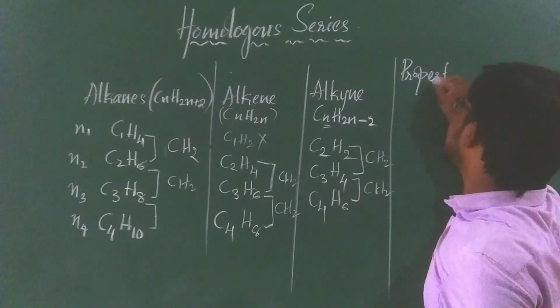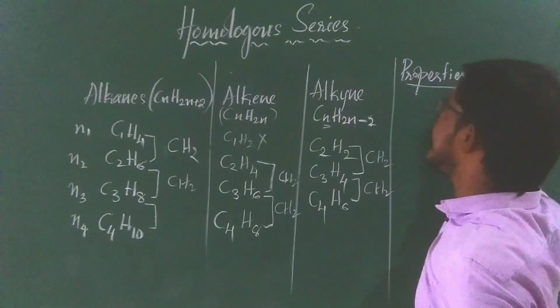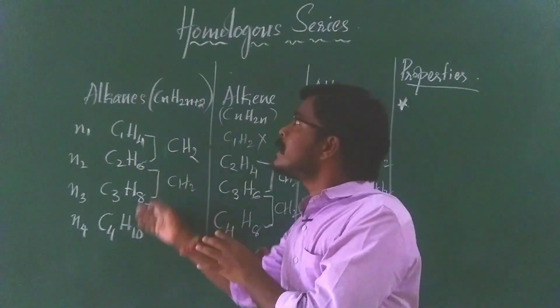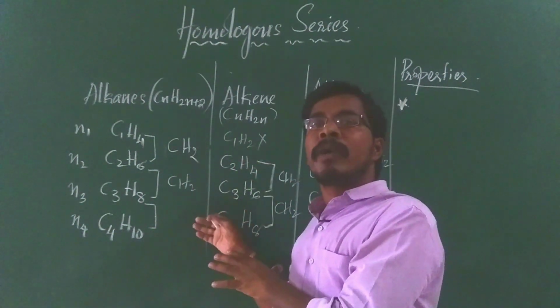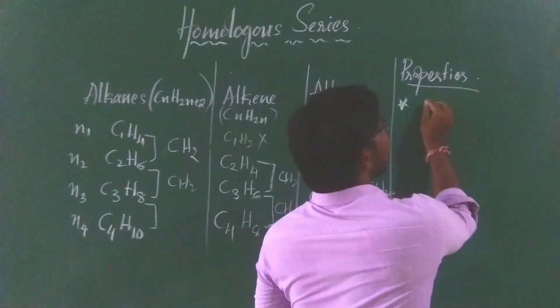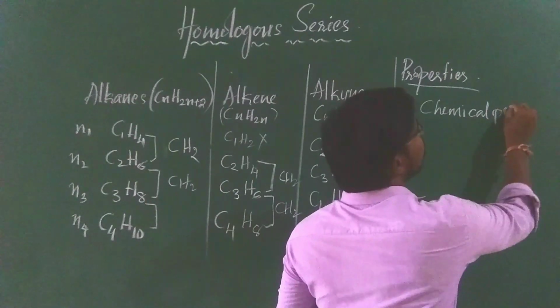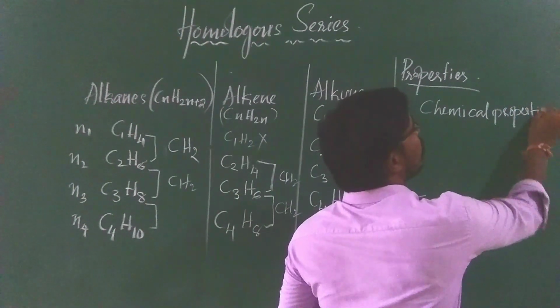So based on this, we can say the properties of homologous series also. Very easy, students. In that, the first property is that the group of homologous series will have the same chemical properties. There is no change in the chemical properties.